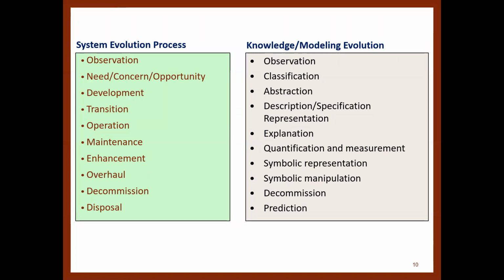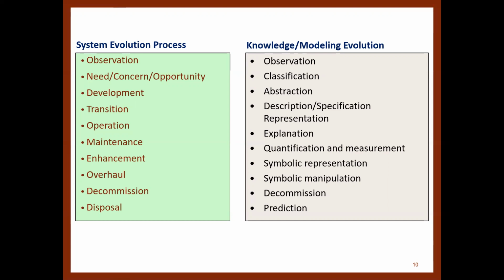And then knowledge modeling evolution. This is more from a theoretical point of view. Observation, classification, abstraction, description, specification, representation, explanation, quantification and measurement, symbolic representation, symbolic manipulation, decommission, and prediction.